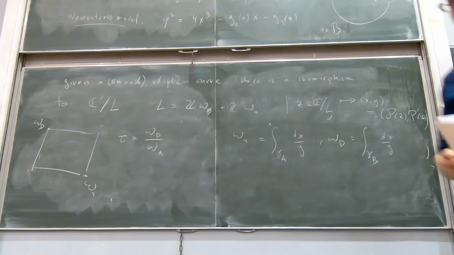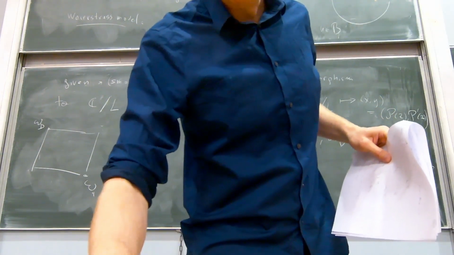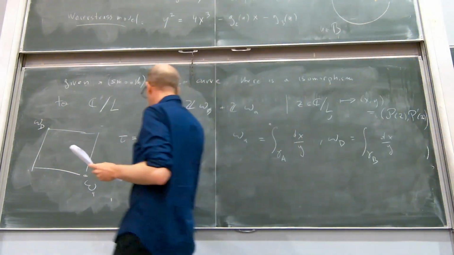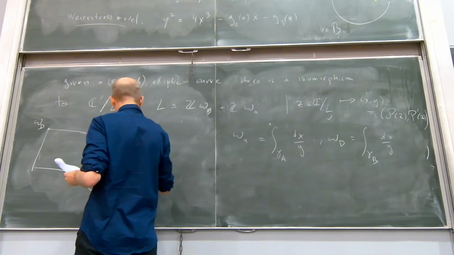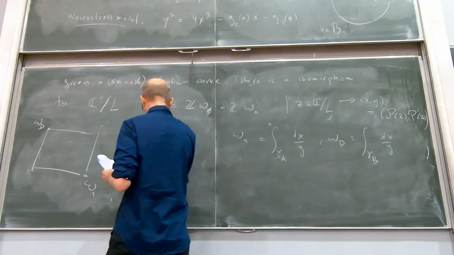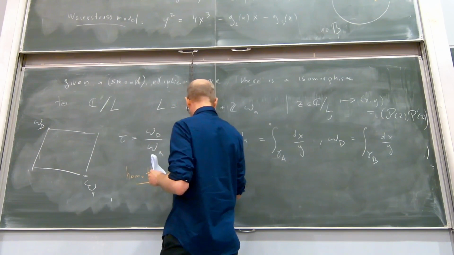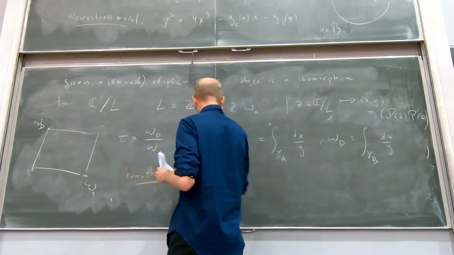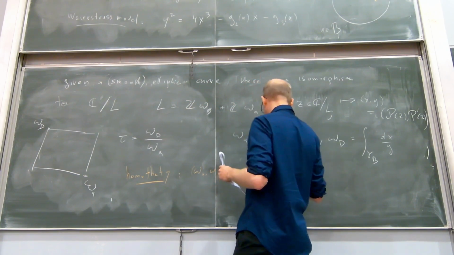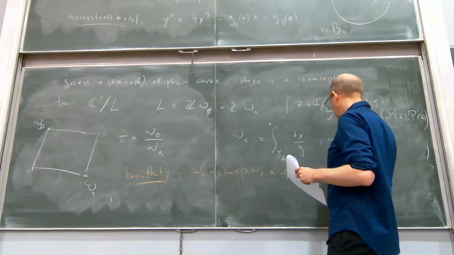For later purposes, it's also useful to note that there is a simple isomorphism between curves that will be useful. I could always rescale, the so-called homothety, I guess. That just means rescaling the periods, omega_A and omega_D, by a common factor alpha, where alpha is a non-zero number.